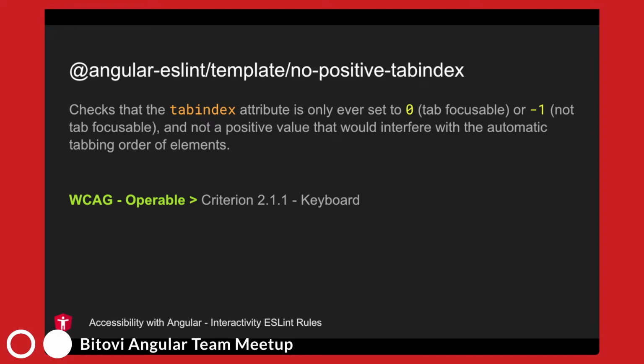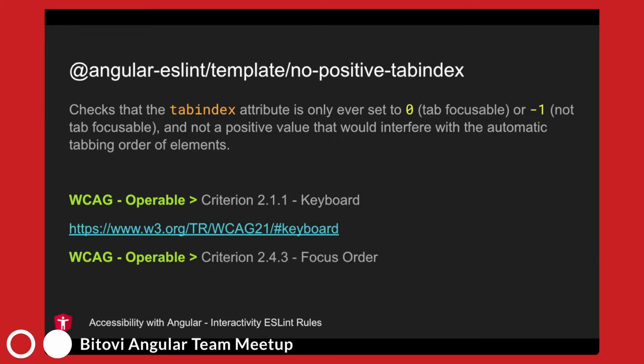So this is part of the operable part of POUR. So success criterion 2.1.1 says that all functionality of the content is operable through your keyboard interface. So this allows you to make things that wouldn't normally be focusable, able to be accessed using a tab key.